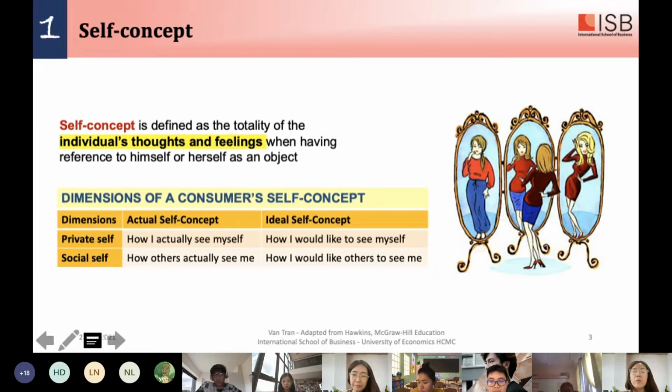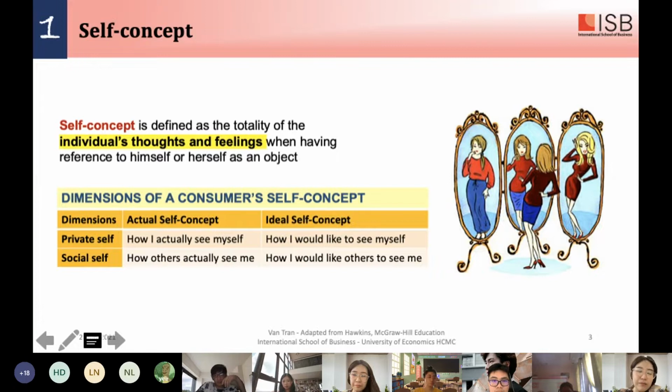Okay, so when we think about self-concept, we usually examine these four dimensions. It's not just simply how you see yourself, but in different situations and in different meanings also. So we look at actual or ideal self-concept. That means what is the current perception and what is the expectation that you have for yourself, right?